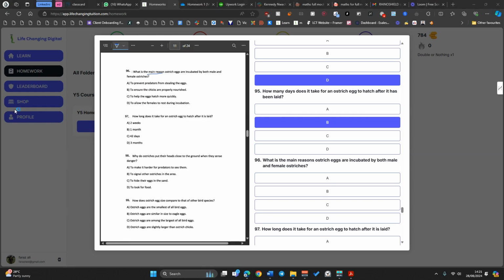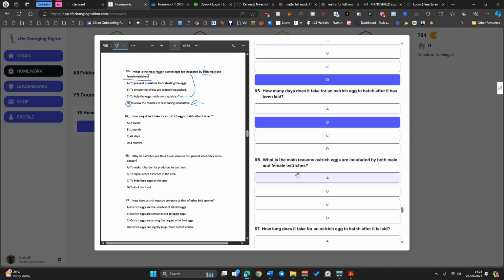I would think D. So yeah, I would go with D here, just because it's asking why both the male and the female ostriches are incubating the egg. Obviously the reason they're incubating it is to make it hatch, but it's asking why both of them are doing it, and that would probably be to ensure that each of them can take turns and have a rest, right?